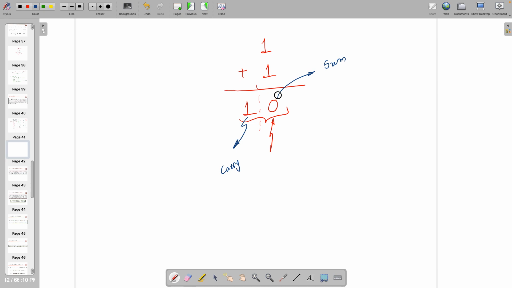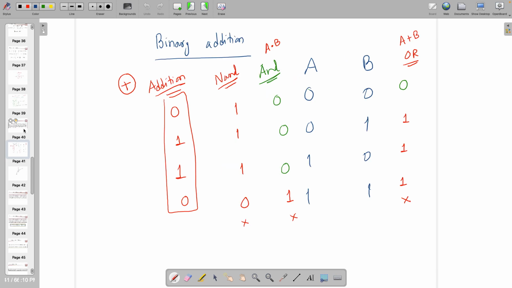So let's concentrate on this part. By the way, OR is the one where if any input is 1, the output is 1. The AND gate is the one where if any input is 0, the output is 0.